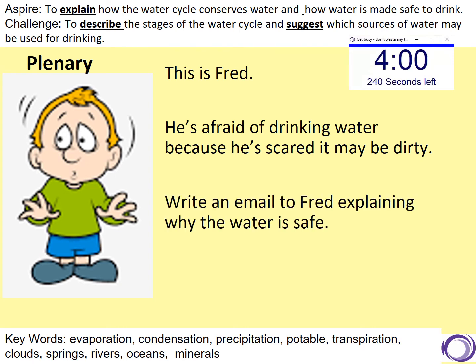So what we need you to do is write an email to Fred explaining why the water that comes out of our taps is actually safe for him to drink. So you need to think about what it means to be safe to drink and what processes the water will have gone through before it gets to his tap so that it does mean it's safe to drink. And I'm going to give you 4 minutes in order to do that.